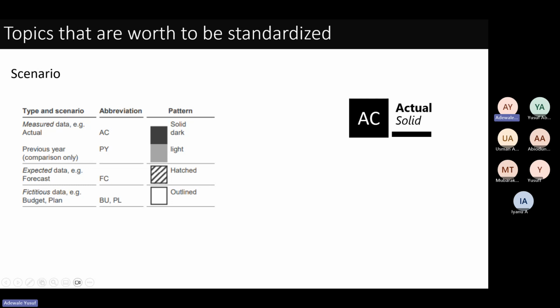So that school of thought came together, and they were like, one of the best things to do in visualization is that when you want to show actual, you should use black, like what I'm showing on my screen. When you want to show prior year, which is previous year or last year, you should use a lighter shade of that, probably an ash color, so that you can show that this is prior year, right?